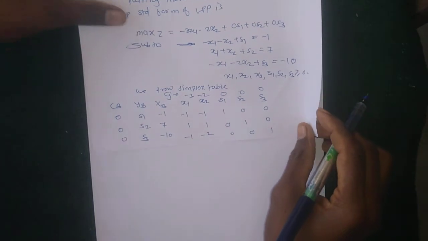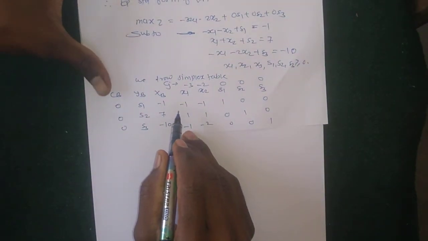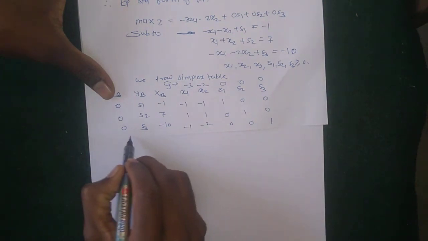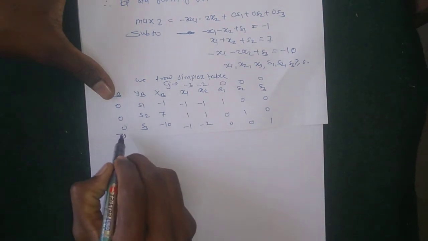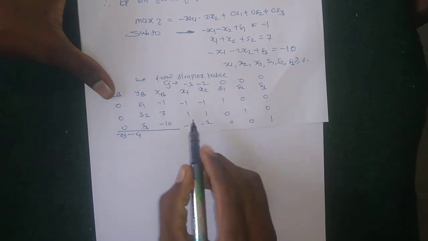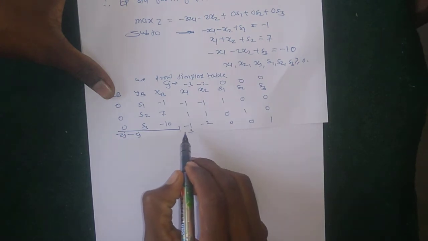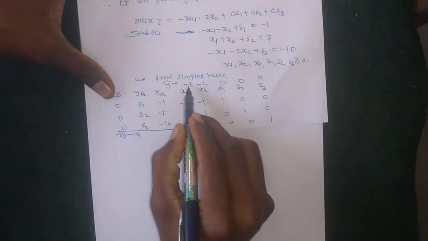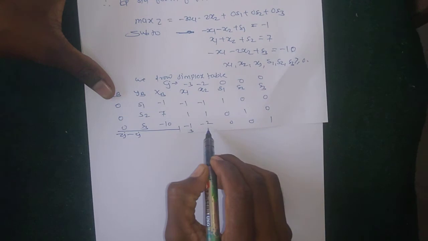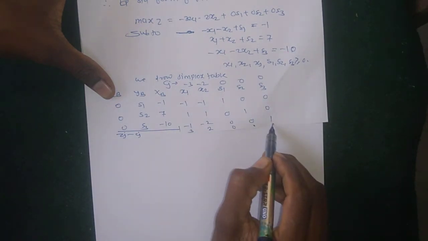Now we have to find the zj minus cj directly. Here zj minus cj is plus 3: 0 minus of minus 3 is plus 3, here plus 2, here 0 0 0.